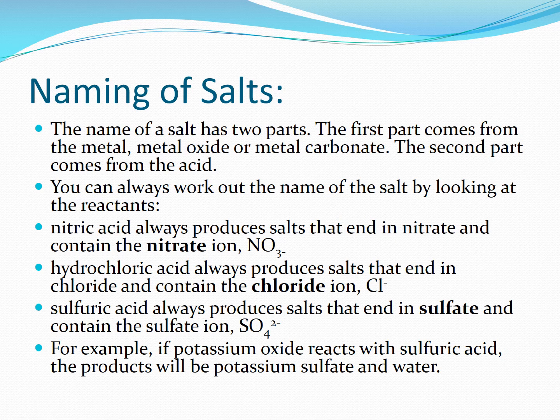Hydrochloric acid always produces salts that end in chloride and contain the chloride ion. Sulfuric acid always produces salts that end in sulfate and contain the sulfate ion. For example, if potassium oxide reacts with sulfuric acid, it produces potassium sulfate and water.